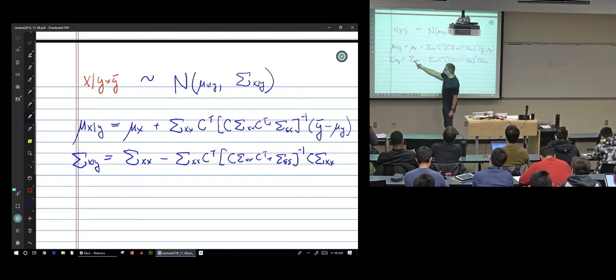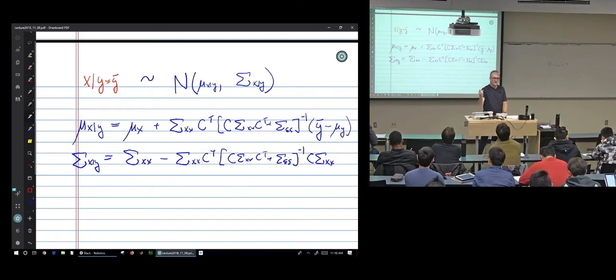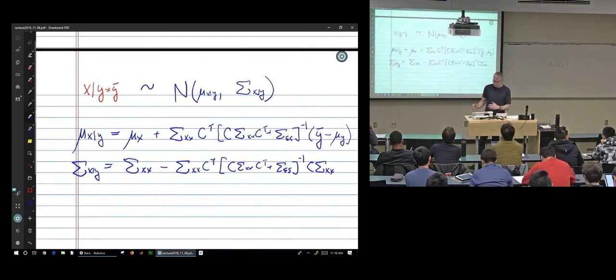It was the original variance of the state, minus this quantity here, which we recognized as a Schur complement, but now we see where it comes from. Conditional random variables are still random variables. They have mean and variances, and so that's how they work.